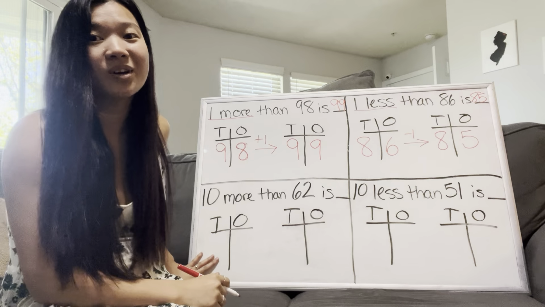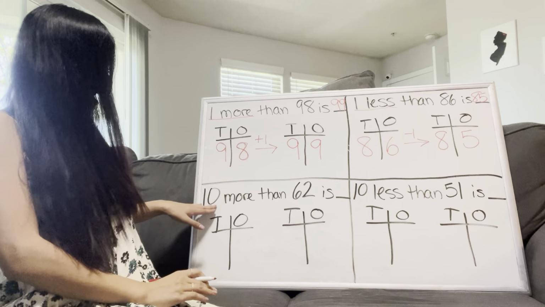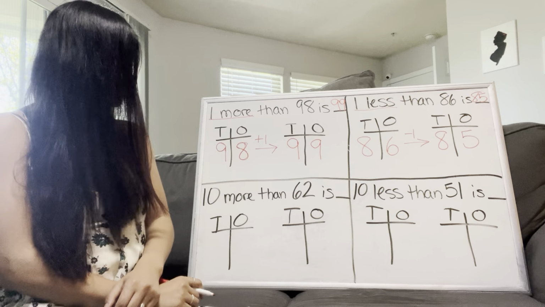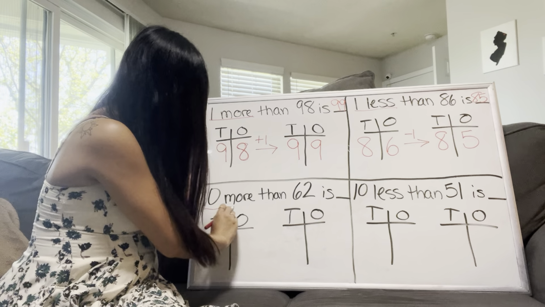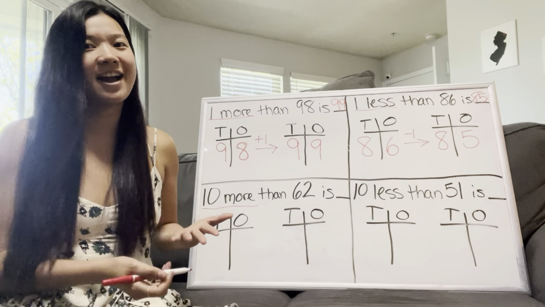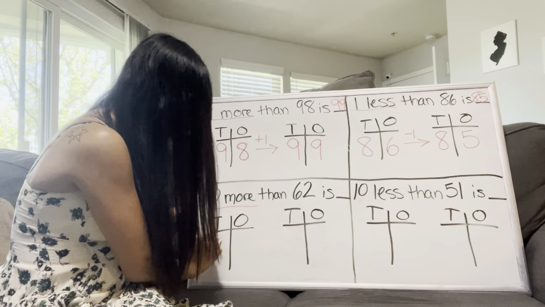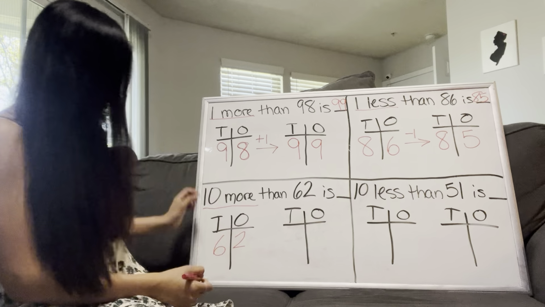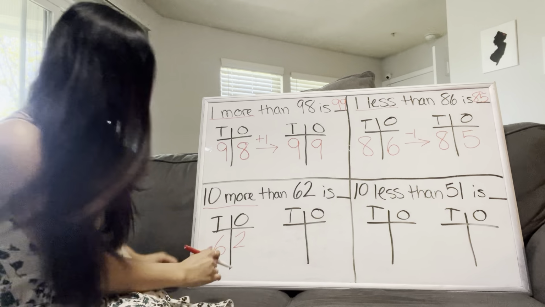Now I'm going to start with 10 more. 10 more than 62 is. I see the word more, which tells me that I'm going to be adding, so I need to keep that in mind when I'm doing my arrow. 62 is the number that I started with.